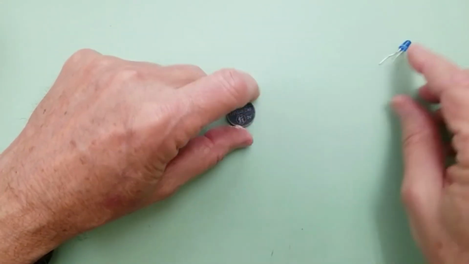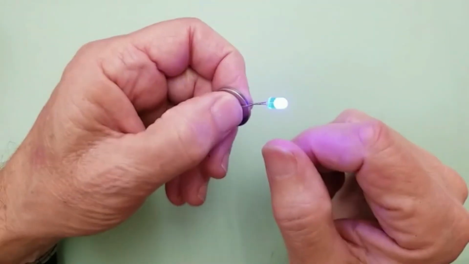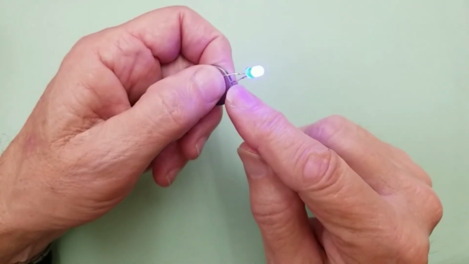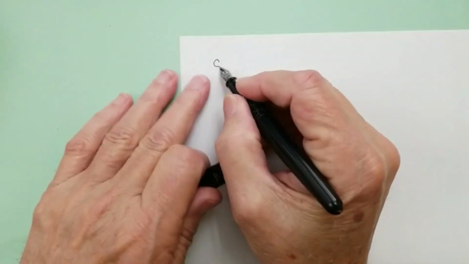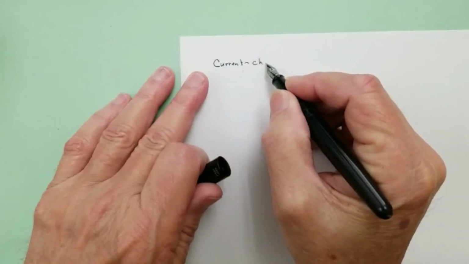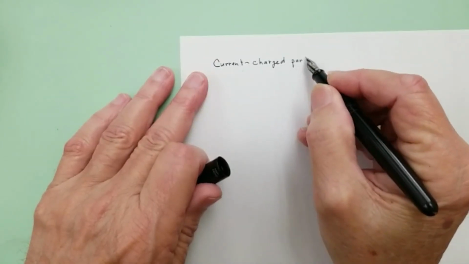First of all, the thing that's actually making this light up is that there is current flowing through it. Now, what is current? Well, current is, and I'm going to write this definition down, charged particles flowing in a wire.